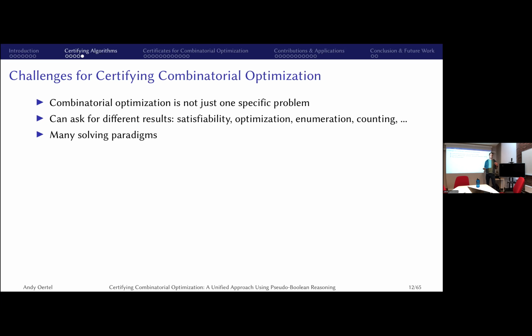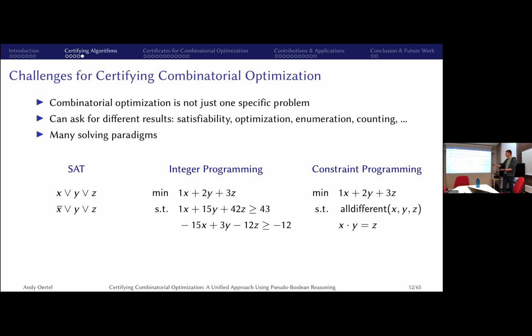And then we also have a lot of different paradigms that look very different. In SAT solving, there is actually no objective, and we have clauses as constraints. In integer programming, we have an objective and we have inequalities as constraints. And then we even have constraint programming, where the constraints can be very arbitrary.